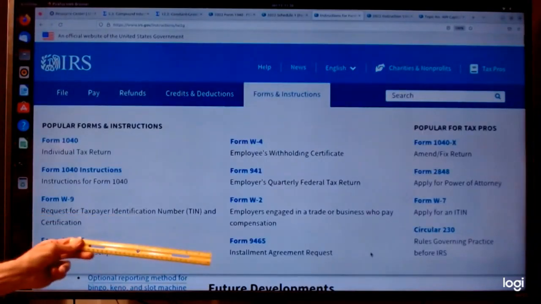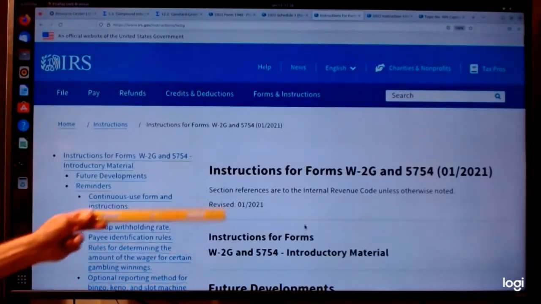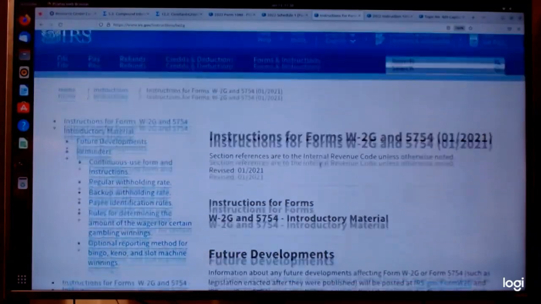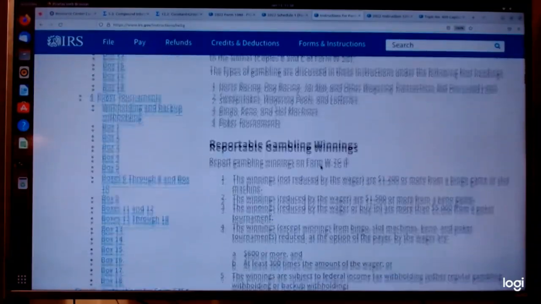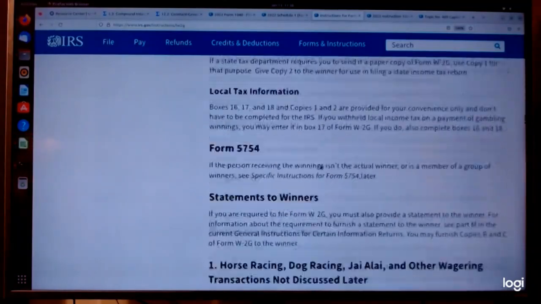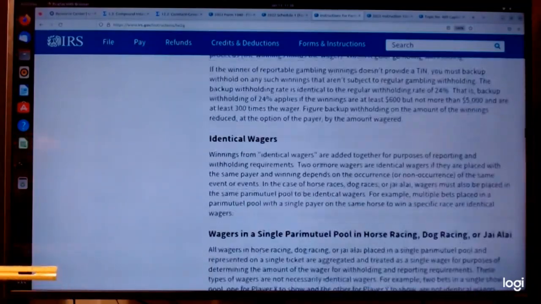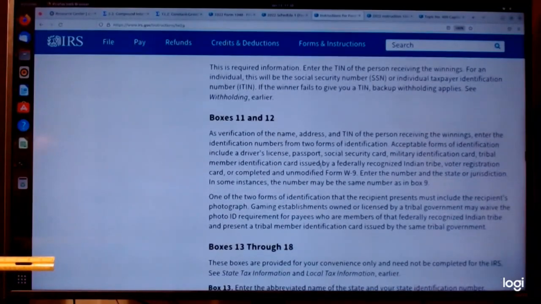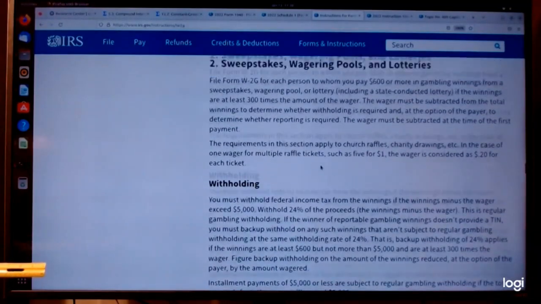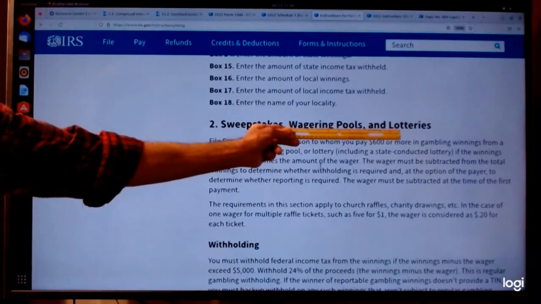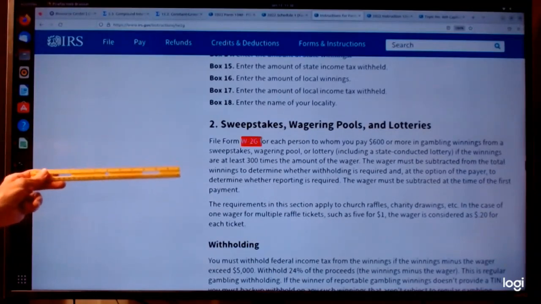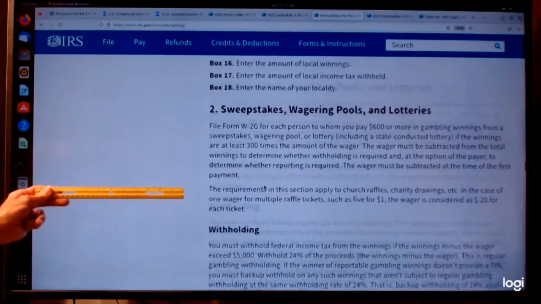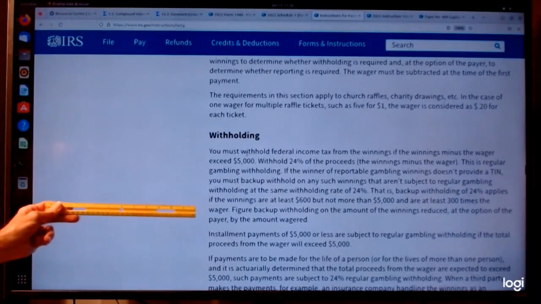There's W2G. And if we just kind of scroll down, from gambling winnings, we're going to go down a little bit further here. There it is. See, lotteries. And you get a W2G for those winnings, and the withholding is 24%.